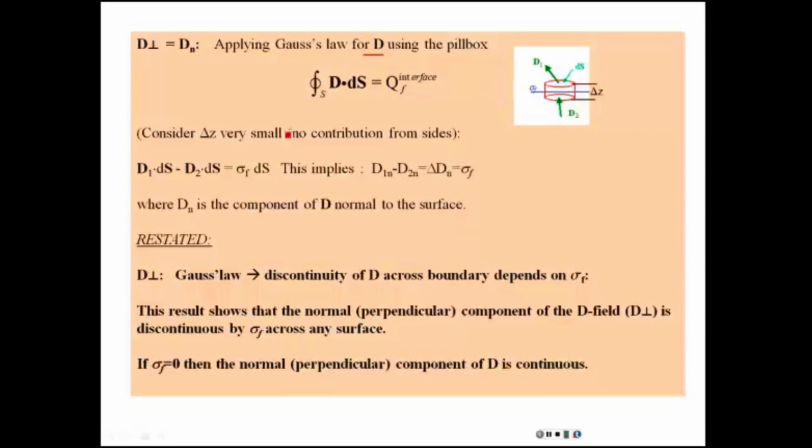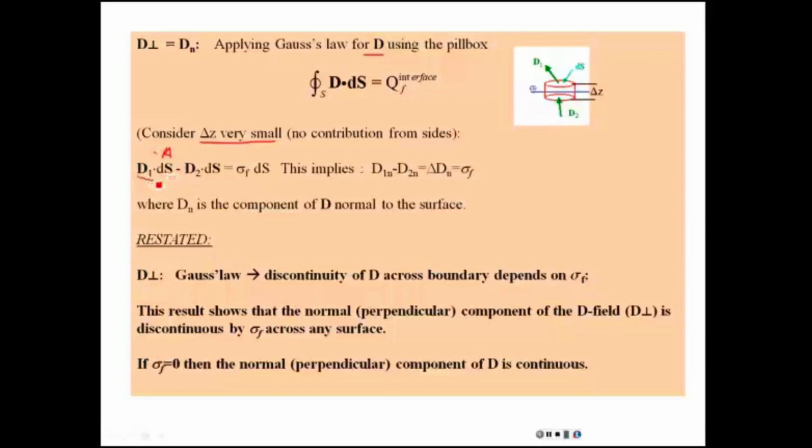So we're going to consider the height of this pillbox very, very small, so we do not have to worry about the sides. Well, realize if we make that small, D is a constant along one of these surfaces. So if we make this small, then D is a constant. That means that we can bring D out of the integral. Let's call the area dS like I have here.